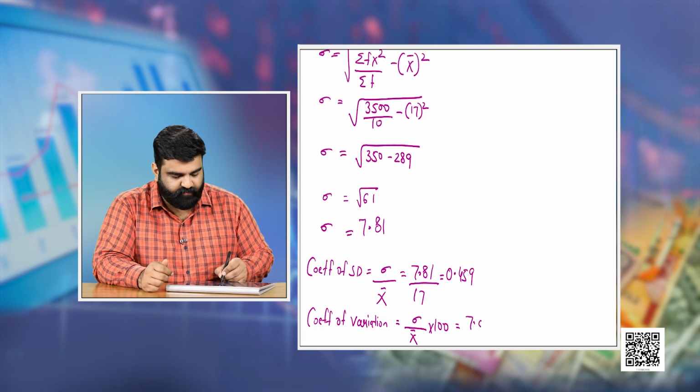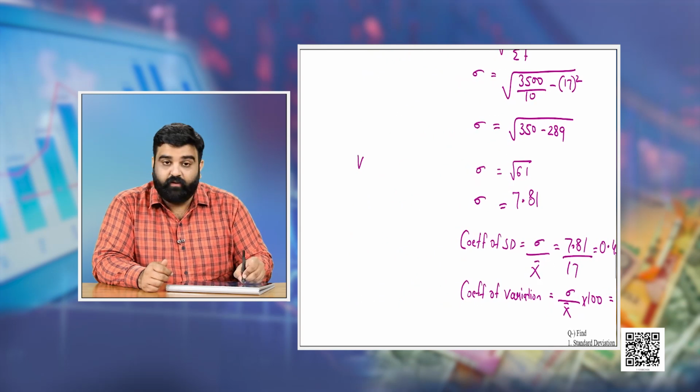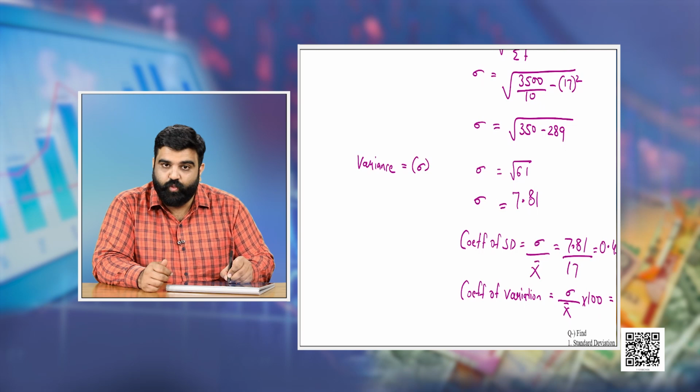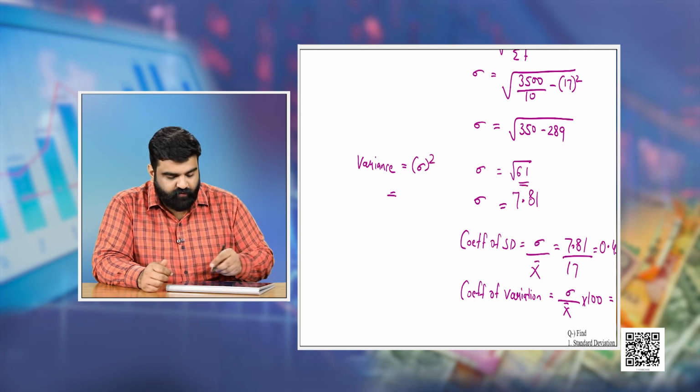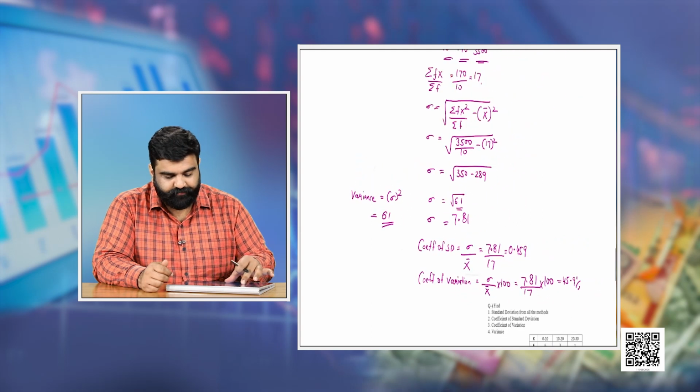So, the answer to this will be 7.81 upon 17 into 100, which is 45.9%. Let us also calculate variance. We know that variance is actually the square of standard deviation. So, we had this root 61, which was actually the standard deviation, so variance will be 61, that is the square of 7.81.